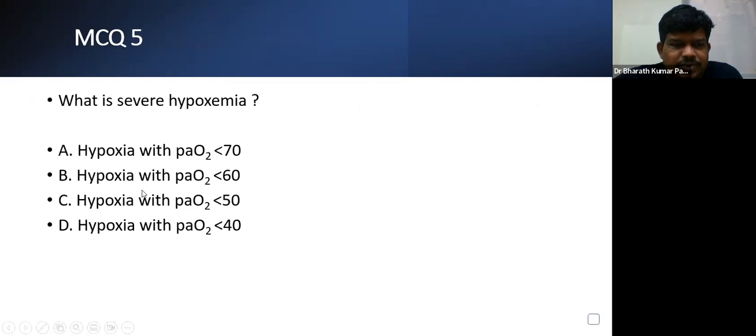So coming to the last MCQ. From the classification of severity of hypoxemia from PaO2, what is severe hypoxemia here? Hypoxia with PaO2 of less than 70, less than 60, less than 50, less than 40. What is severe hypoxemia? Any answers?